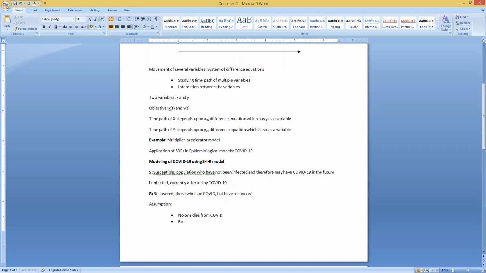And the second is we also assume that there is no reinfection. Again, reinfection is something that we can easily incorporate into the model. And in fact, if you look into the epidemiology of COVID, reinfection occurs only after a pretty long time lag.